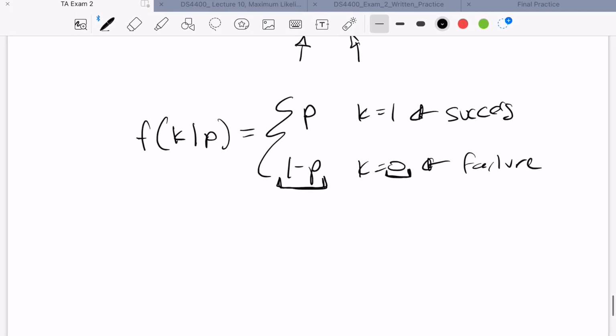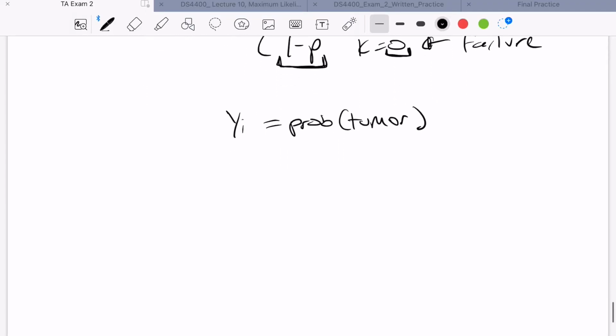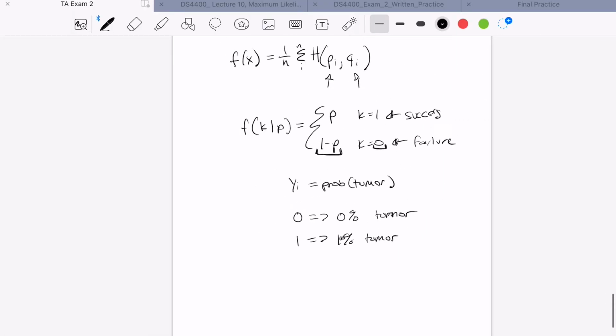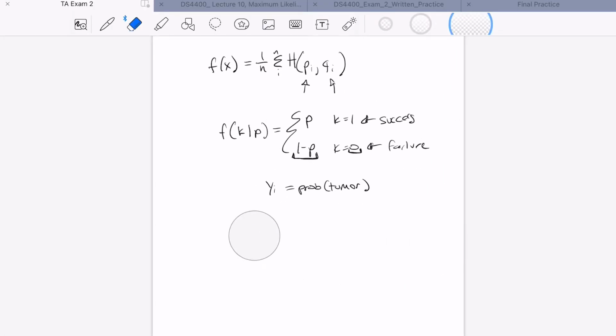We can treat y of i as the probability of a tumor. If we get 0, this means there's a 0% chance there's a tumor, and if we get a 1, there's a 100% chance there's a tumor.